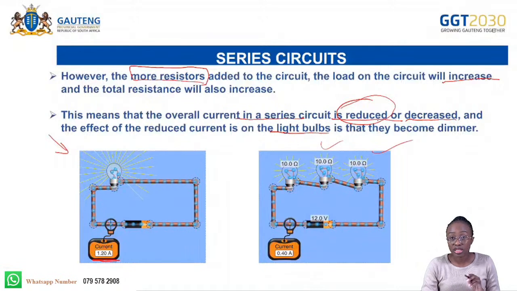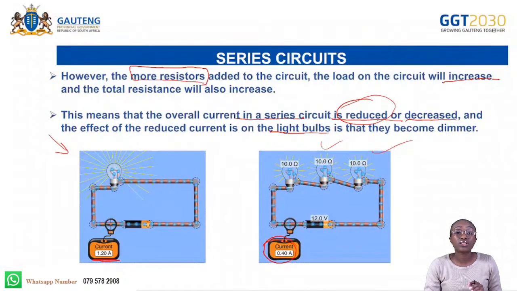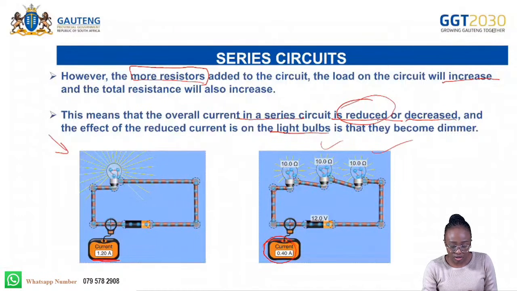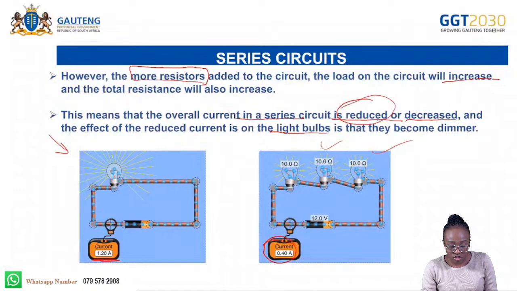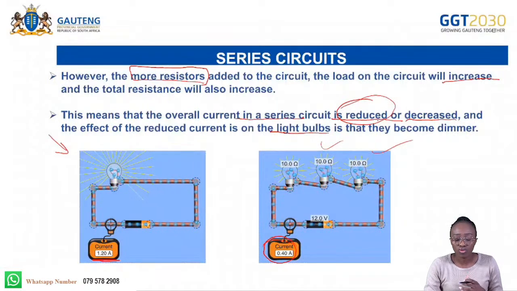Has it been reduced? Let's check the measurement on the ammeter. It is now at 0.40 amps. Is the current still flowing as fast? No, it isn't. The blue circles are flowing slower and slower as they encounter more and more resistance.